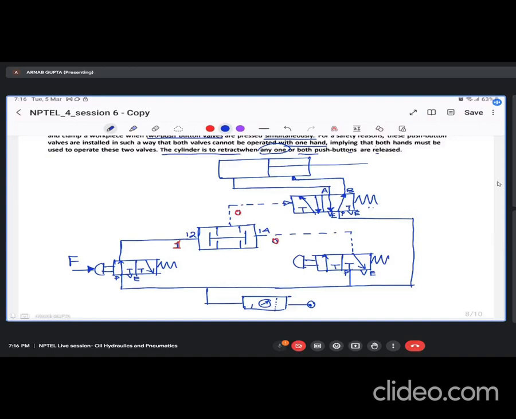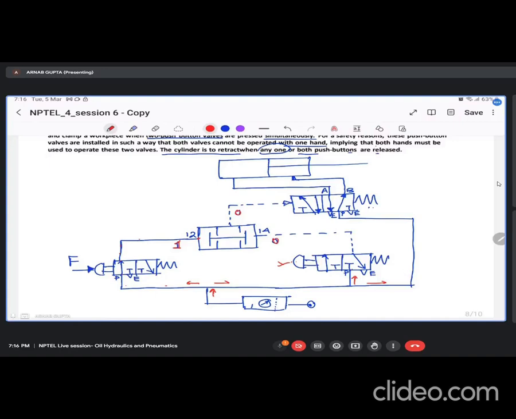Now tell me whether this is an extension position or a retraction condition. You can see that the air is flowing through here, then through here and here. Now here it is flowing through the P port, through here to here. Air is not flowing through this particular valve, it is getting stuck here because this particular push button is not actuated.